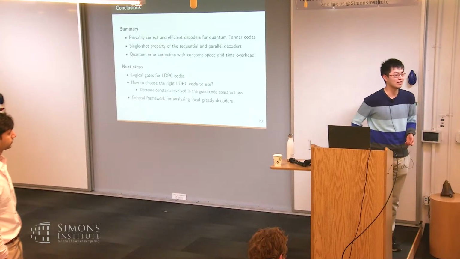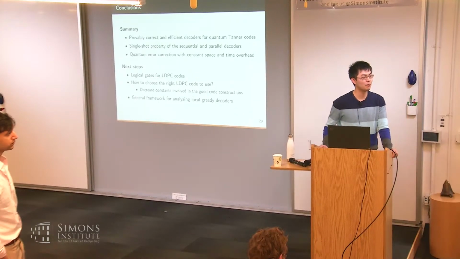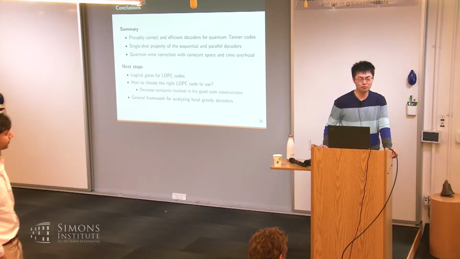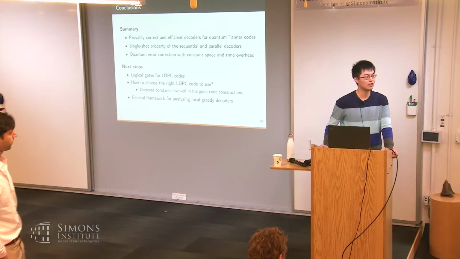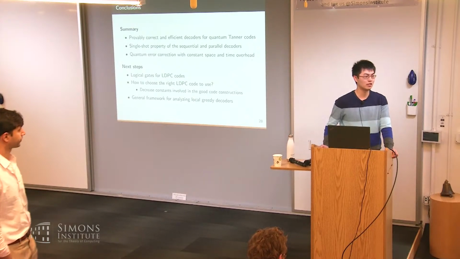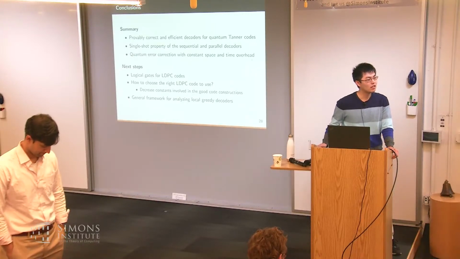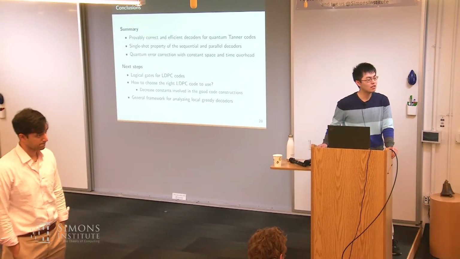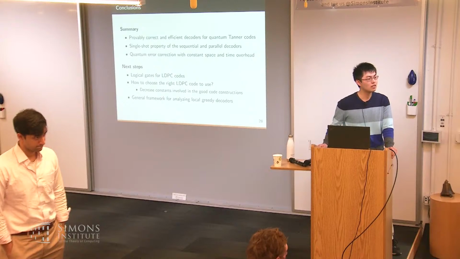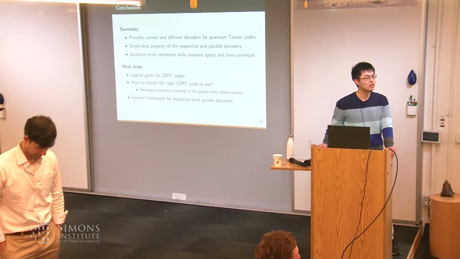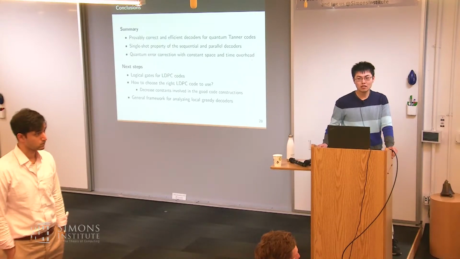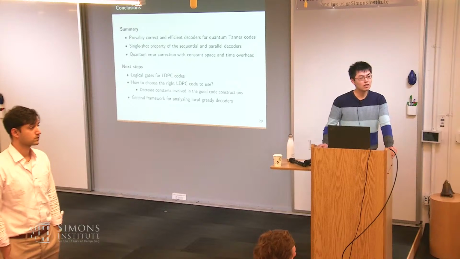You do a constant number of measurements, and that will boost your syndrome error rate. So there is hope that for these LDPC codes which have single-shot decoders, a constant number of measurements would actually preserve the distance, or the measurements don't need to scale with the distance, but will just be constant.